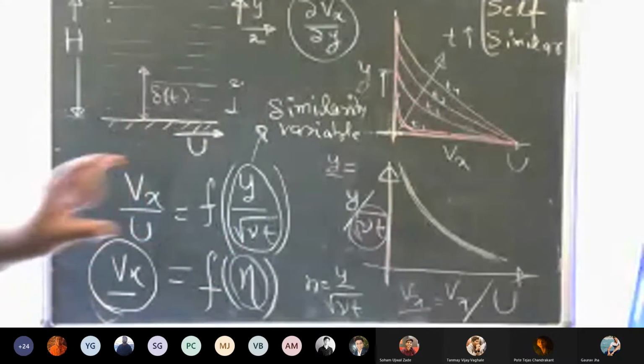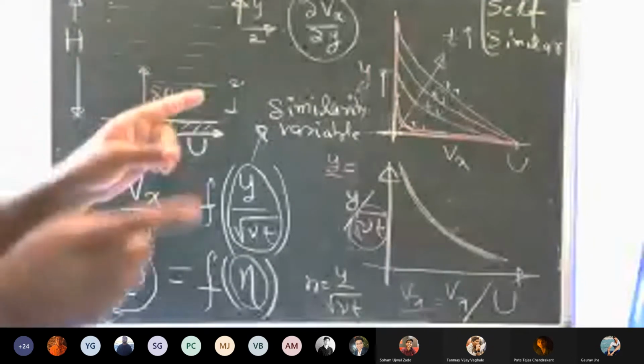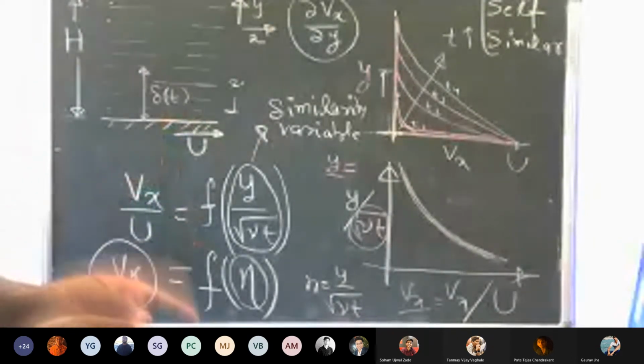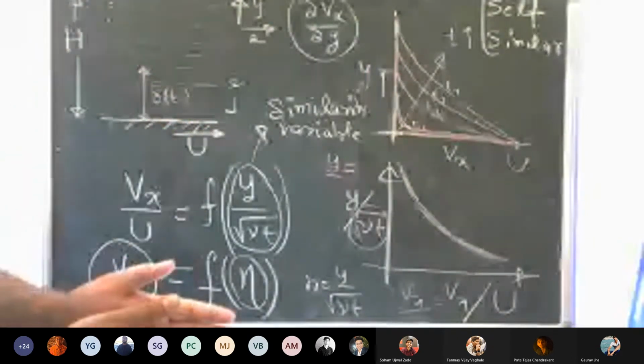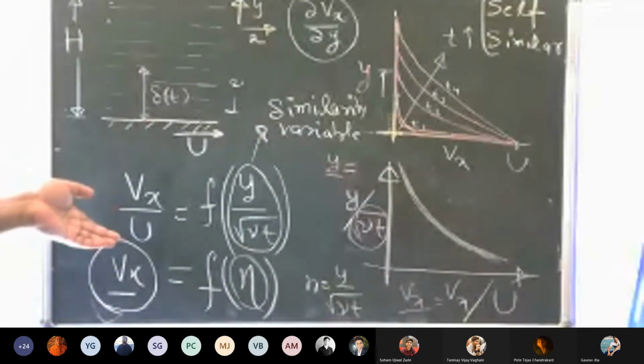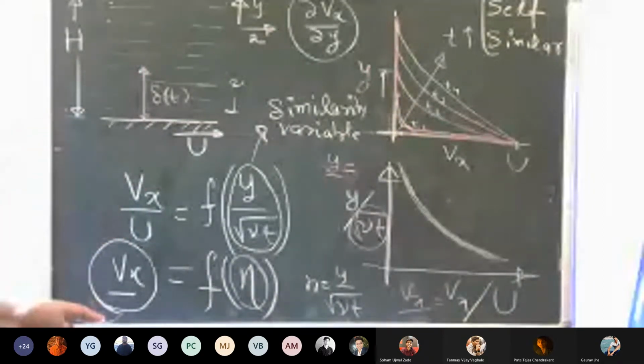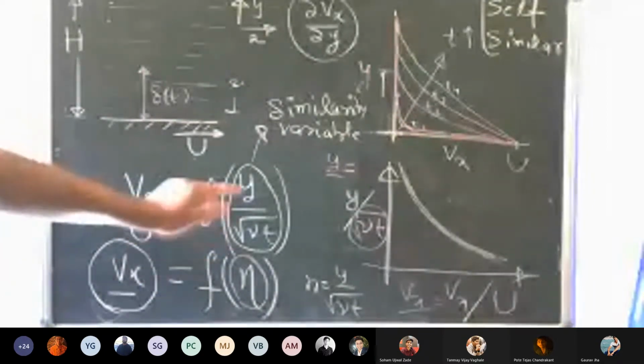You are combining space and time so that you can reduce two independent variables into one independent variable. Because here you have done nothing, you are just dividing Vx by a constant value, so there is no big deal with it. The big deal is here.